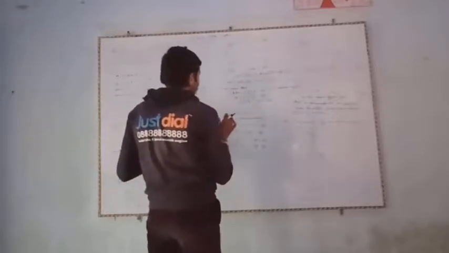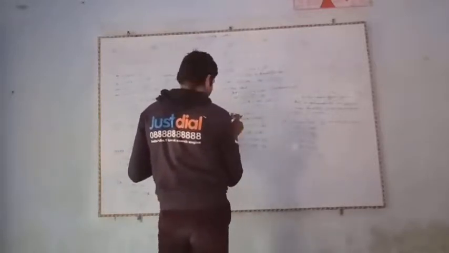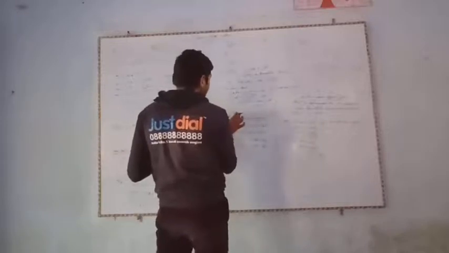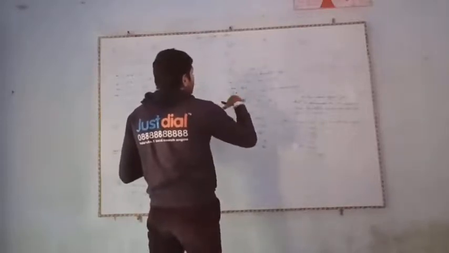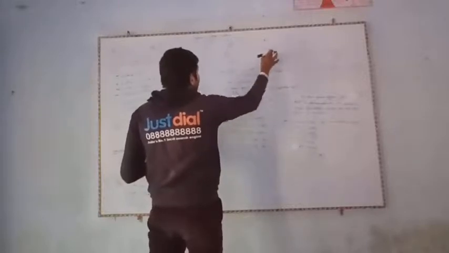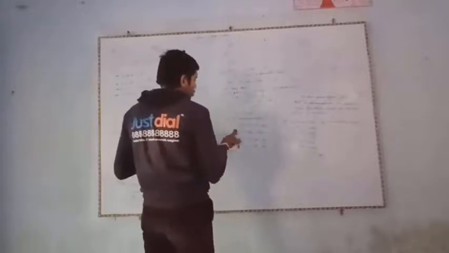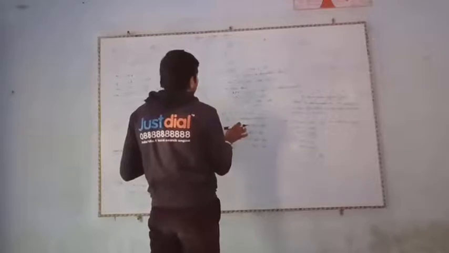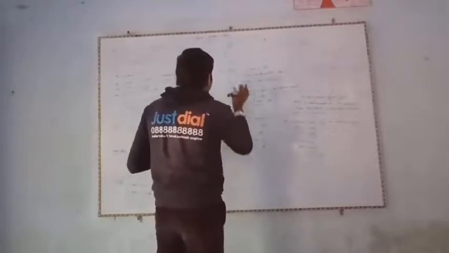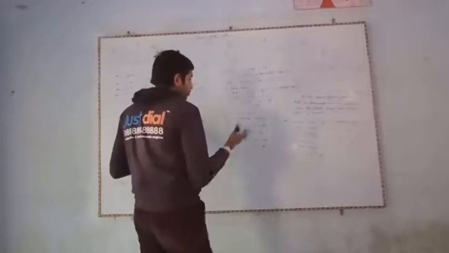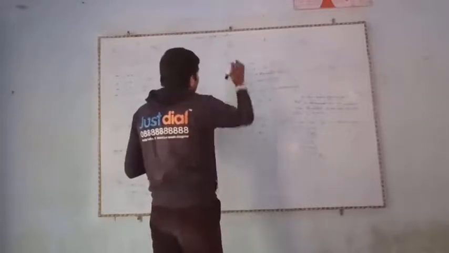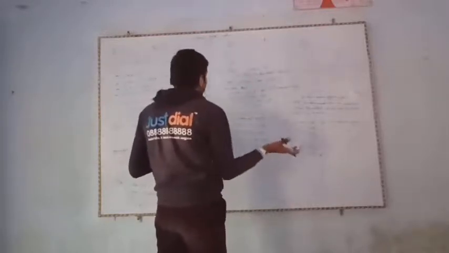And from here we get angle OCD. We have been given angle OCD, and we have to find angle COE, or angle EOC. Angle EOC plus angle DCO is equal to 180 degrees, because co-interior angles sum to 180 degrees.